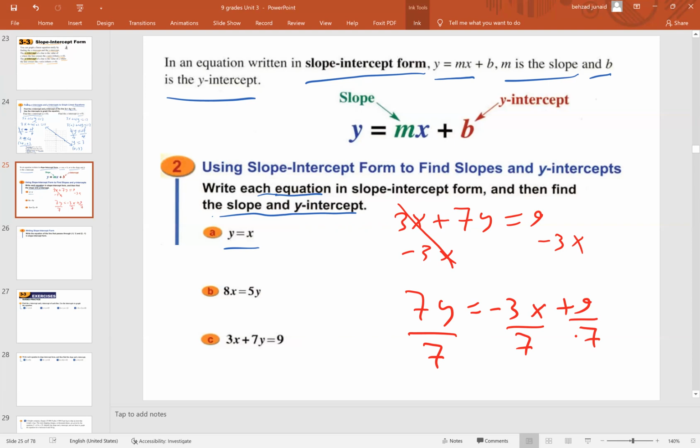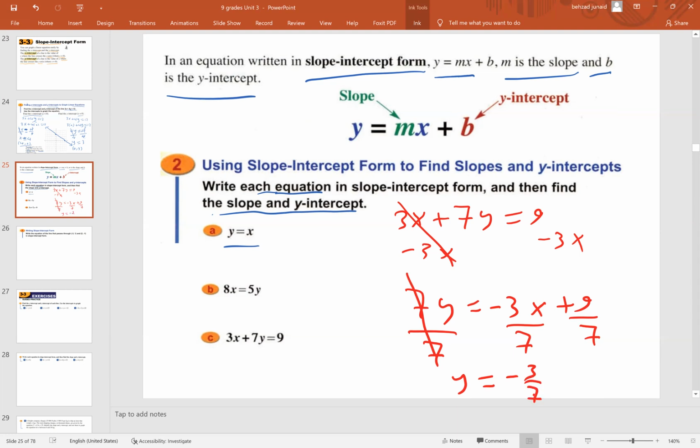We're going to cancel 7 over 7. Y equals negative 3 over 7 x plus 9 over 7. And m equals negative 3 over 7, and b equals 9 over 7. That's all for letter C.